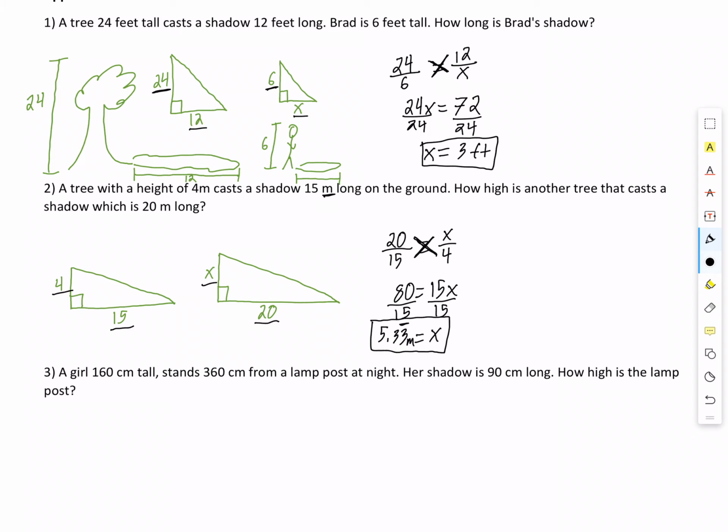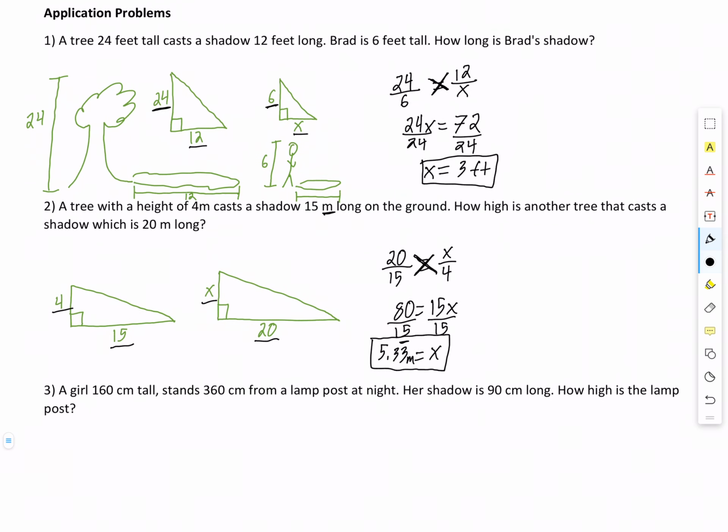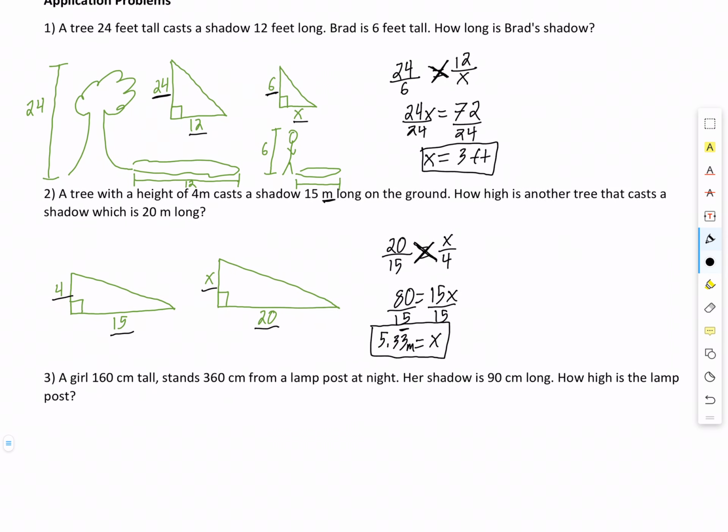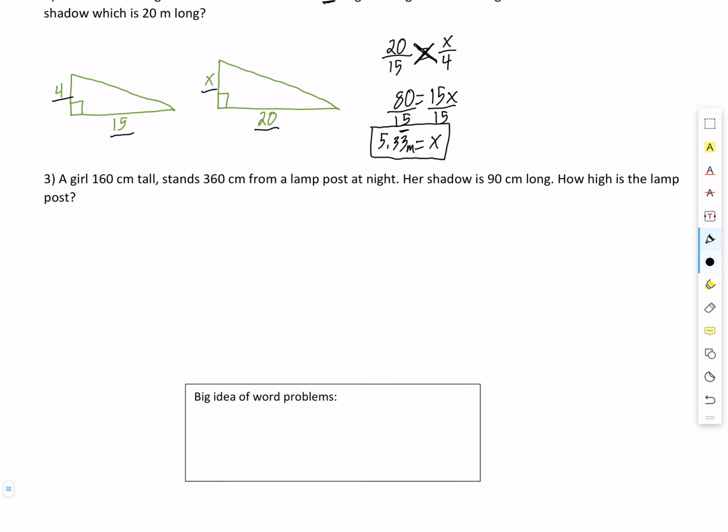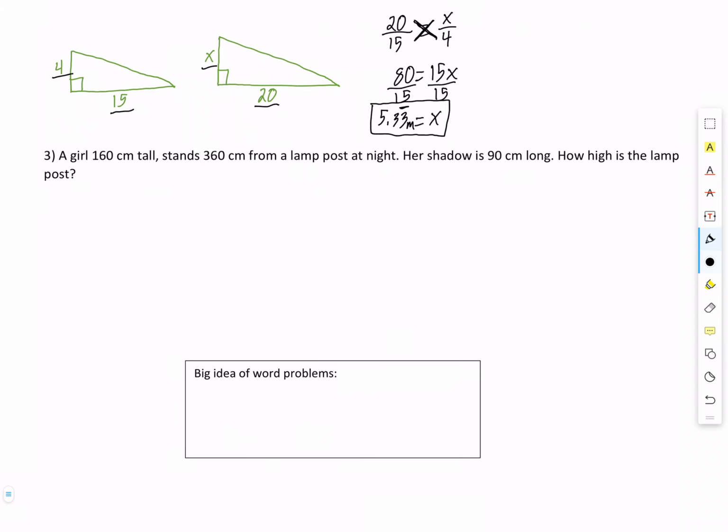Alright guys, so probably the more important part of today's lesson, but probably the shorter part. Go ahead and give this last one a try, but ultimately with these word problems, 1, draw a picture.